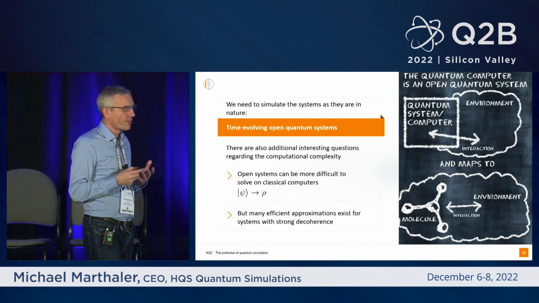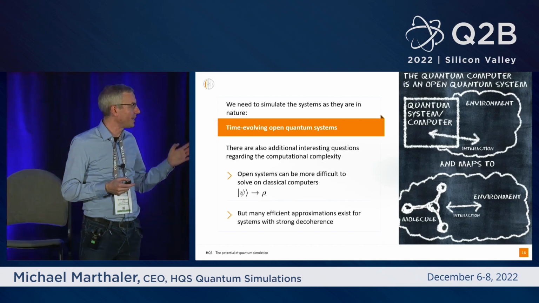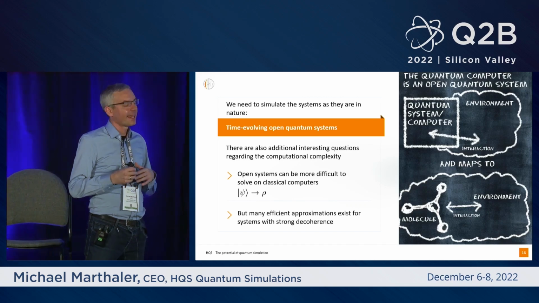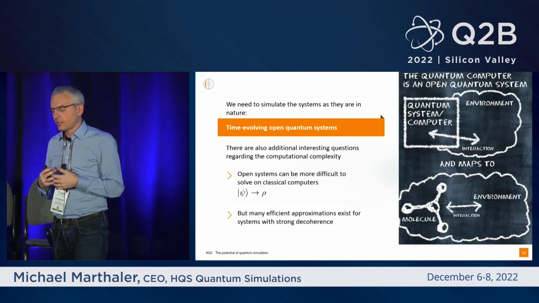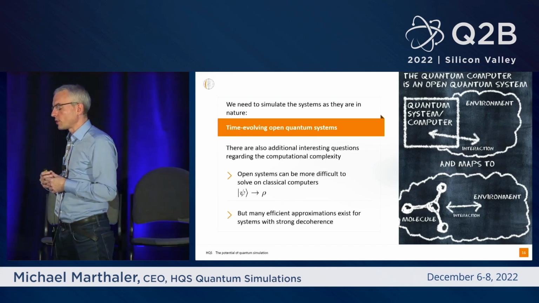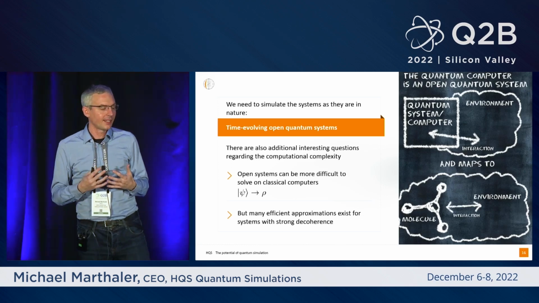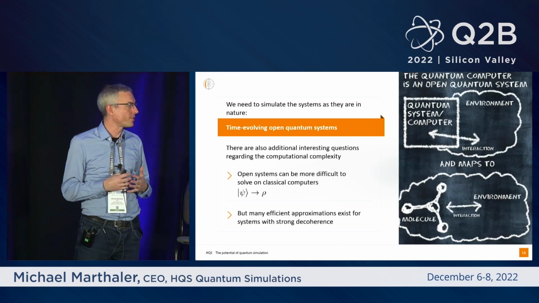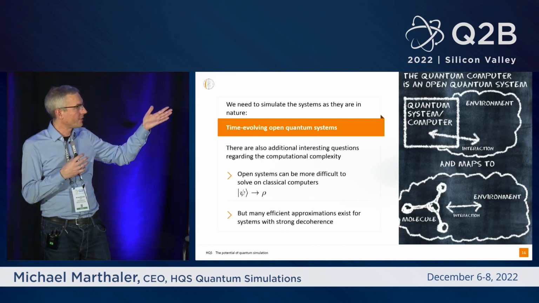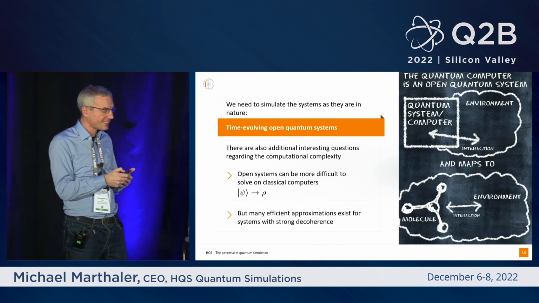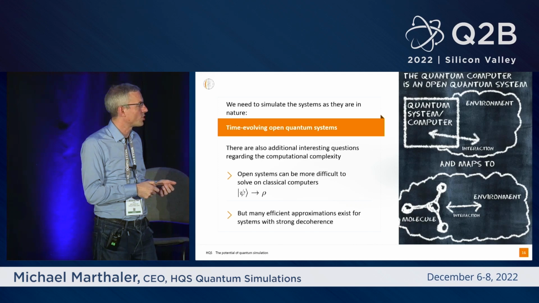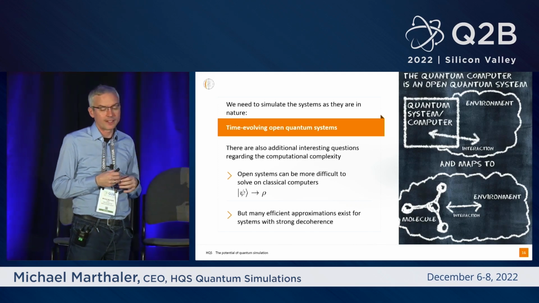So once you think about this in this way, what you realize is that the power of using your quantum computer as an open quantum system could be higher than just using it as a closed quantum system, since for a closed quantum system, you just have to look at the time evolving state.